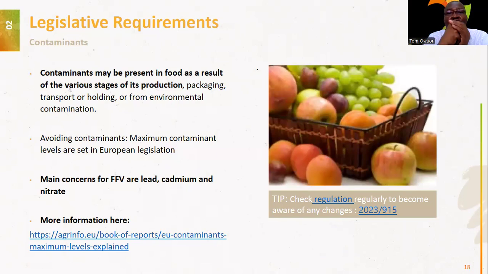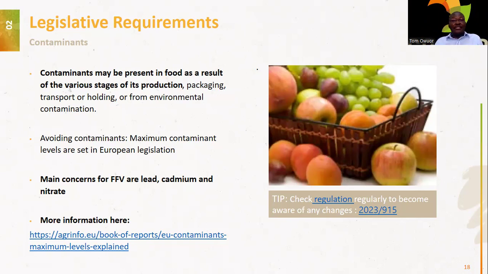Now, legislative requirements for the various commodities we supply into this market. The contaminants are key here, and they are talking about lead, cadmium, and mercury. What this means is that we need to avoid these contaminants, because maximum contaminant levels are set in the EU legislation. So our production processes must ensure that we contain these heavy metals, lead, cadmium, nitrate, mercury, etc., to be able to get into these various markets, or else you will get a notification.